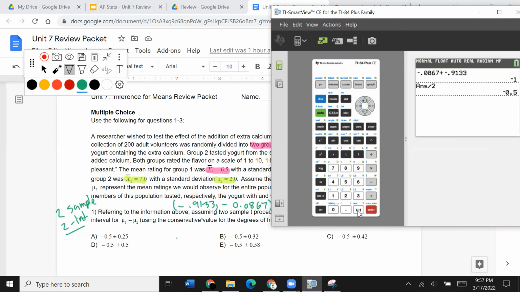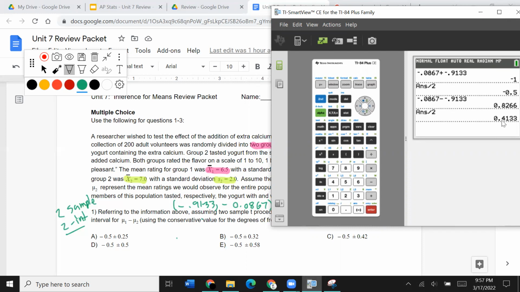As far as your margin of error goes, you're going to take those same 2 numbers, negative 0.0867 minus negative 0.9133. You're going to get that difference. And then you're going to divide that by 2. And you get a value of approximately 0.4133.